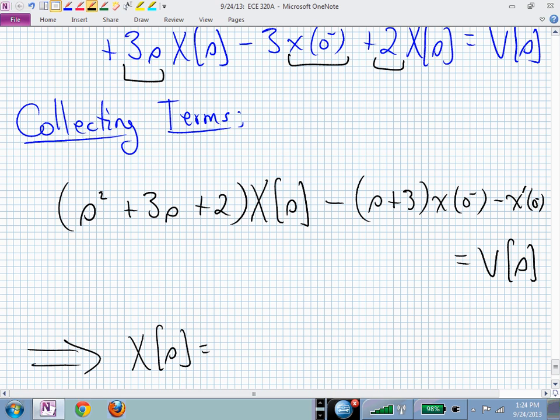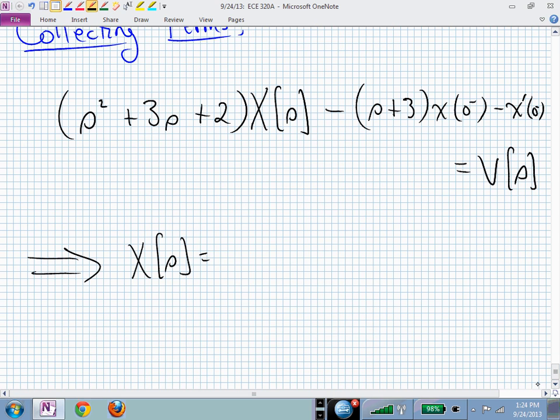If I now solve this for capital X of s, I have a couple of pieces, don't I? I have a piece that involves all of those initial conditions, all divided by that characteristic polynomial, is what we'll call it, because it's characteristic of the system that you've built. That's a property of the system. It's going to behave a certain way. It's going to give you certain dynamics based on the roots of s squared plus 3s plus 2. And you can probably factor that, can't you? S plus 1 times s plus 2.